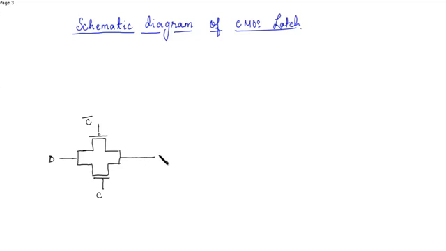Then we will place two inverters over here. So this is VDD and this is ground. So this will just act like a buffer.